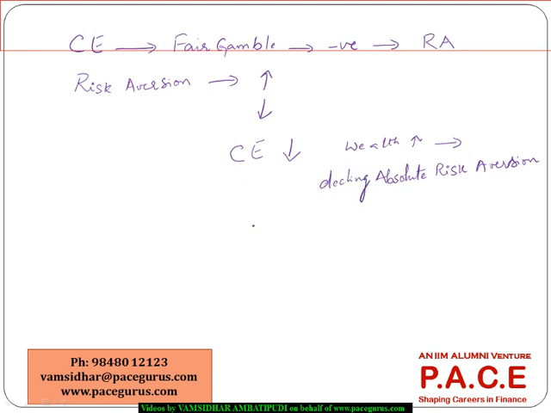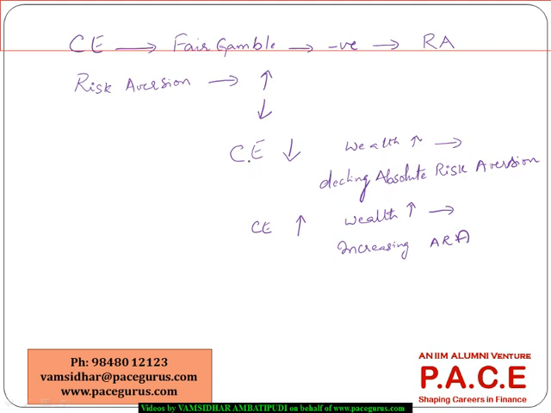Whereas if I see that the certainty equivalent is increasing as the wealth is increasing, then I am saying that increasing absolute risk aversion levels are being exhibited by the investor.